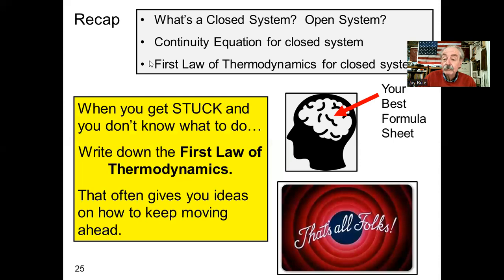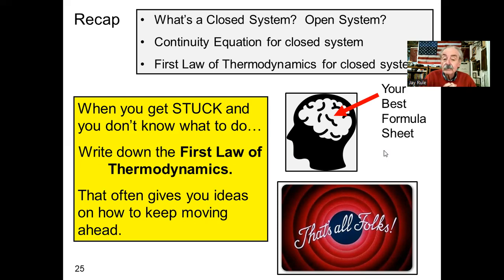Okay, we've reached the end of my tips. So let's recap what we covered here. Refresh your memory on the difference between an open system and a closed system. So far, this set of notes is only associated with closed systems. The continuity equation for a closed system is very simple: the mass is constant, m equals m1 equals m2.